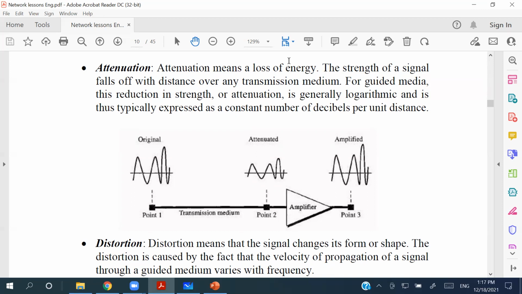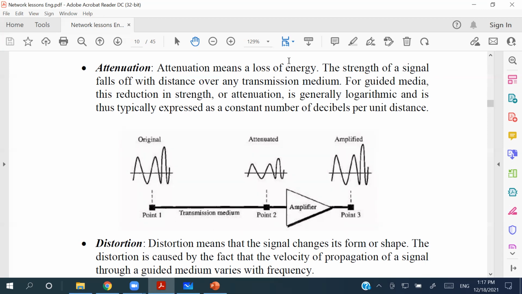It is because when the words go out from the teacher's mouth, they have the highest strength, and as they spread over a distance, the strength of that wave or signal gets lower. That is what you call attenuation. So the strength of a signal will be attenuated along the distance.